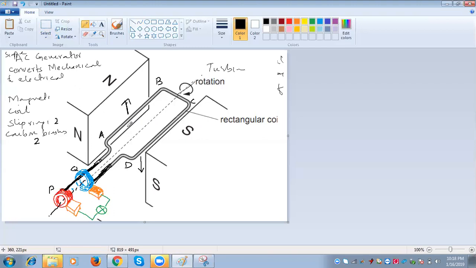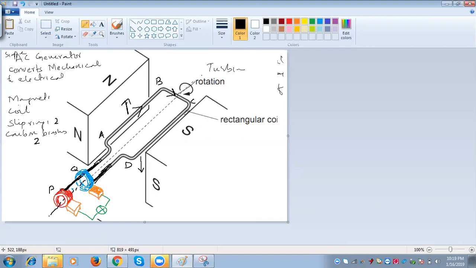According to this, motion is upward, so A to B. Are you getting current A to B, the induced current? Thumb should point upwards and first finger should point from north to south. So A to B is the direction of induced current. Then it flows this way from B to C.